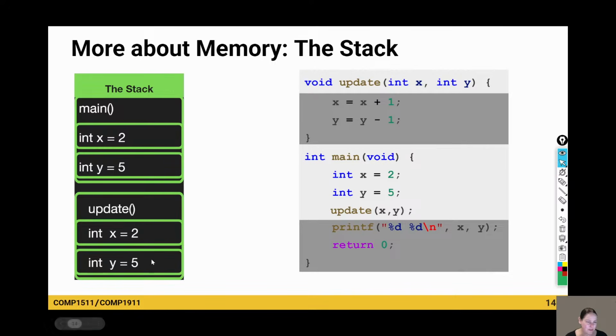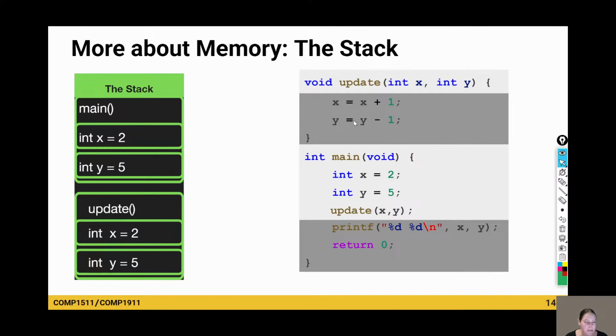I haven't drawn in fake addresses. But the variables in our update function, even though they've got the same name, are stored in separate memory locations. They're not the same. They're just copies with the same values, and the variables happen to have the same name. That's how C works by default. It just passes in copies of the data.